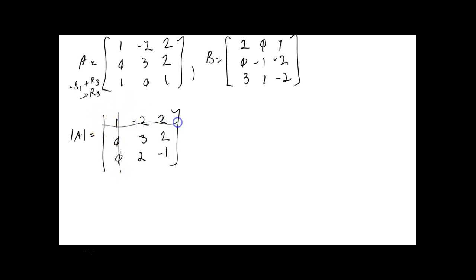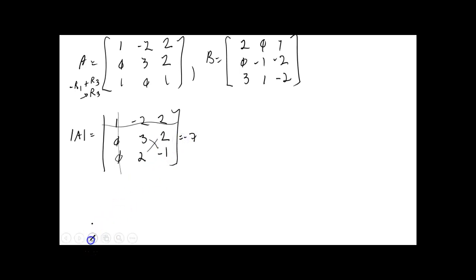Wipe out that row and that column. Okay. And this is in what position? That 1 there? Positive position. So it's just a 1 times negative 3 minus 4 is minus 7.